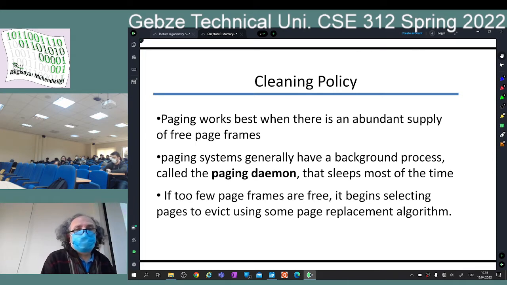If they are not modified, I am going to just discard them. So we don't wait with this policy. We don't wait until we use up all the pages.